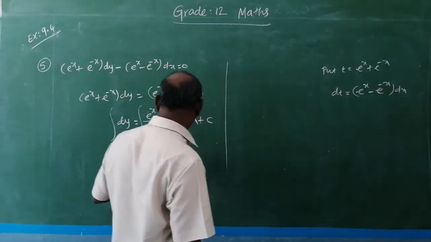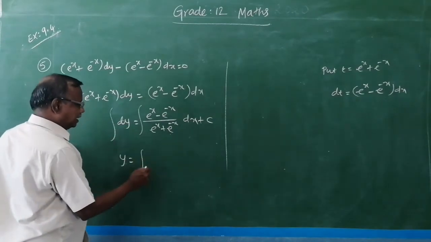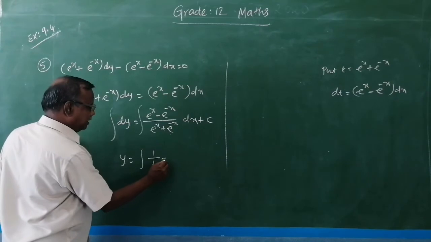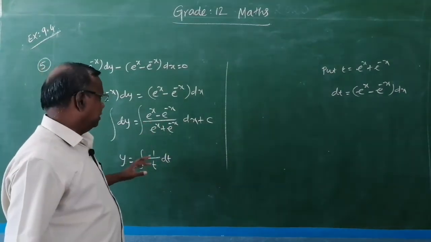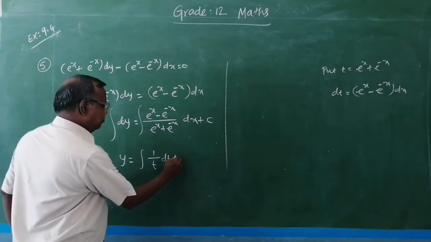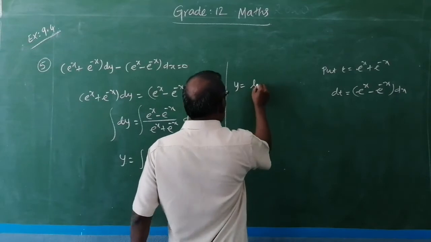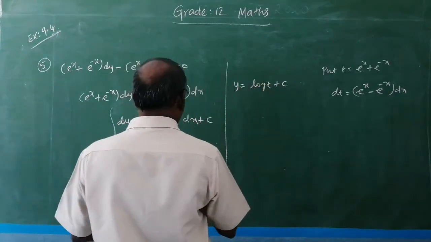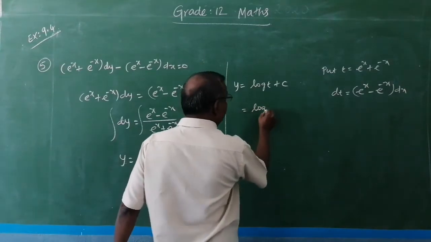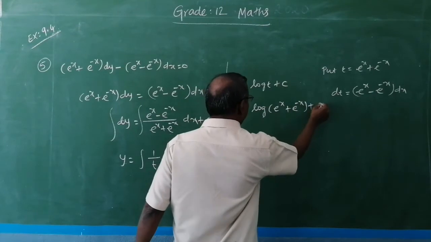Now we can substitute this. The integral of dy is y, and this is the integral of 1/t dt, the numerator is dt and the denominator is t, plus c. Now y = log t + c. Here log t means y = log(e^x + e^(-x)) + c.